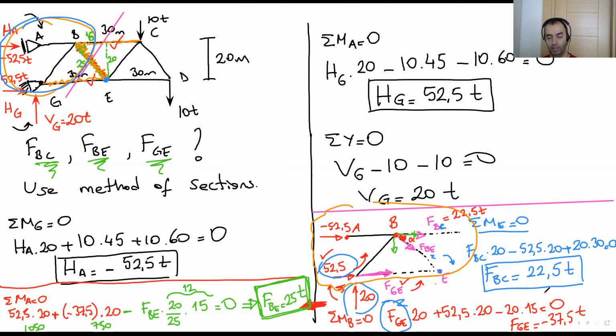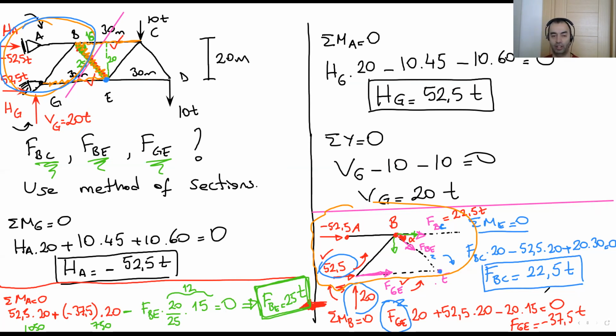We did this, and then we talked about how to calculate the member forces on a truss system. We have two different methods, method of joints and method of sections. When we use method of joints, we are looking for each member force on the structural system.